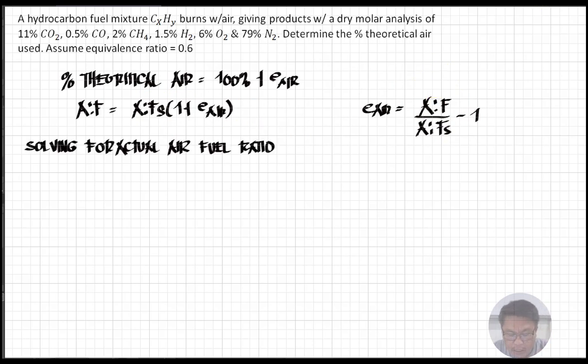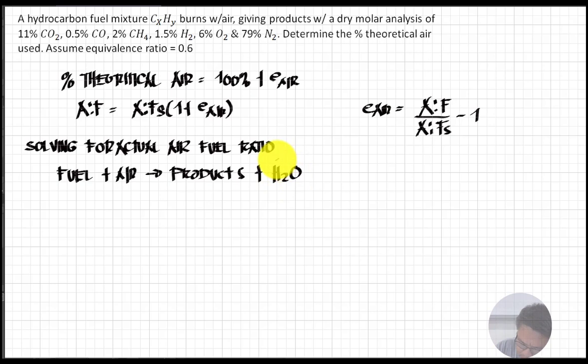Now, solving for the actual air-fuel ratio, we're going to write again the equation. So again, we have your fuel, plus air, then we have the product. Then we're going to add your H2O here.